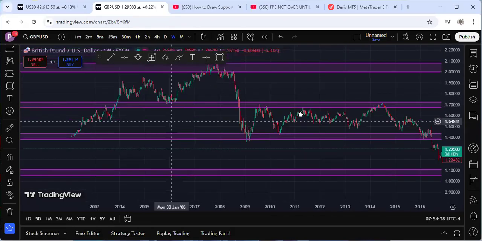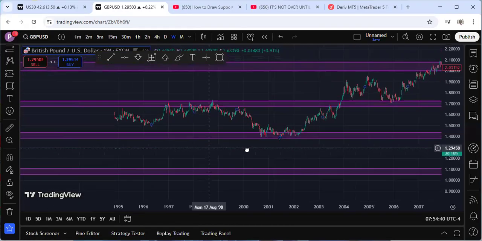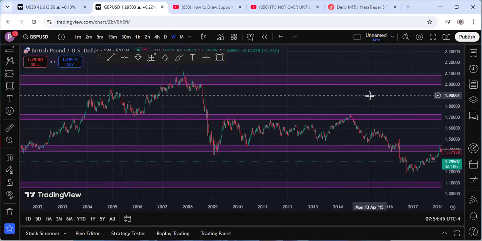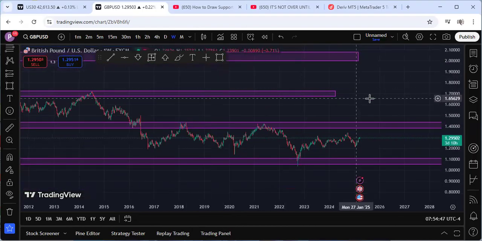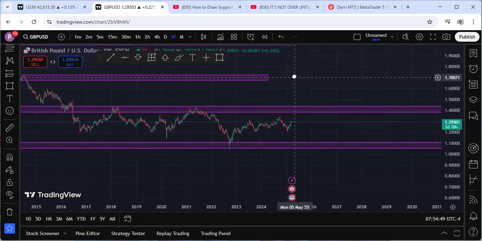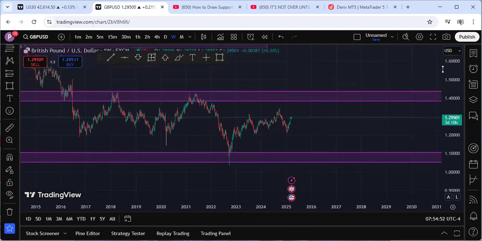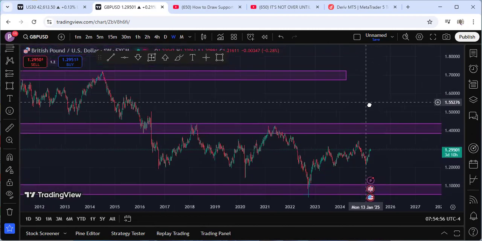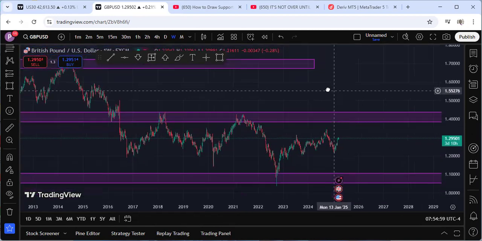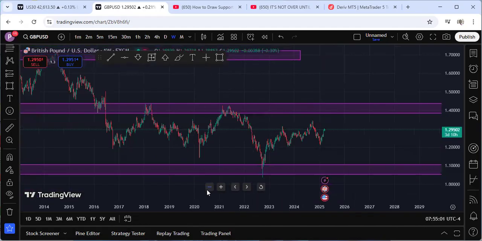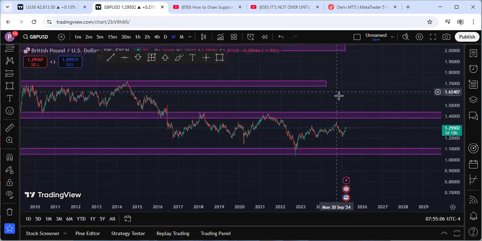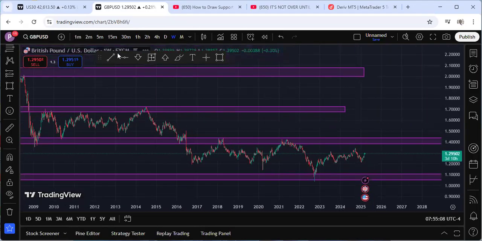So I will still go back to this, GBP USD, right? Now according to the weekly time frame, this market, of course, has shown the market is like a buy market, right?